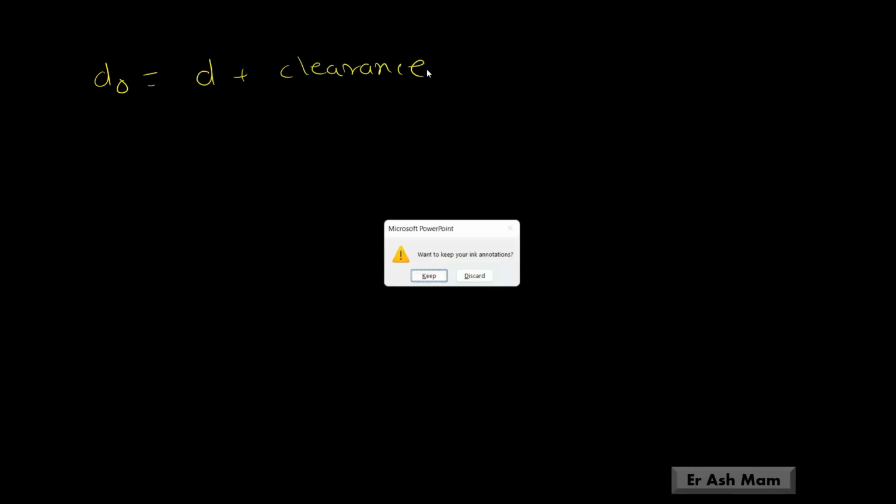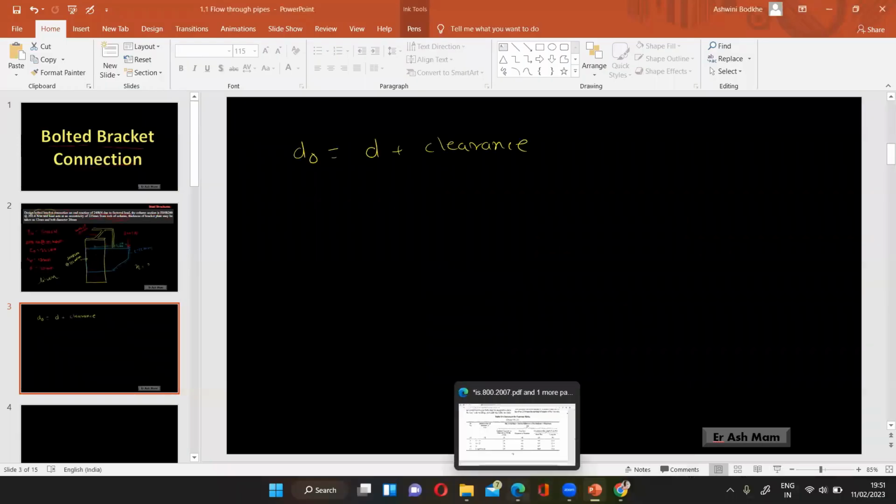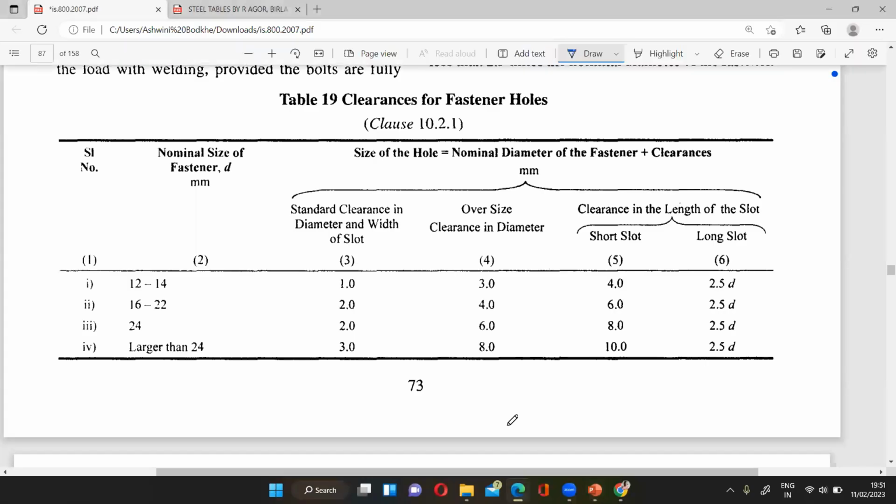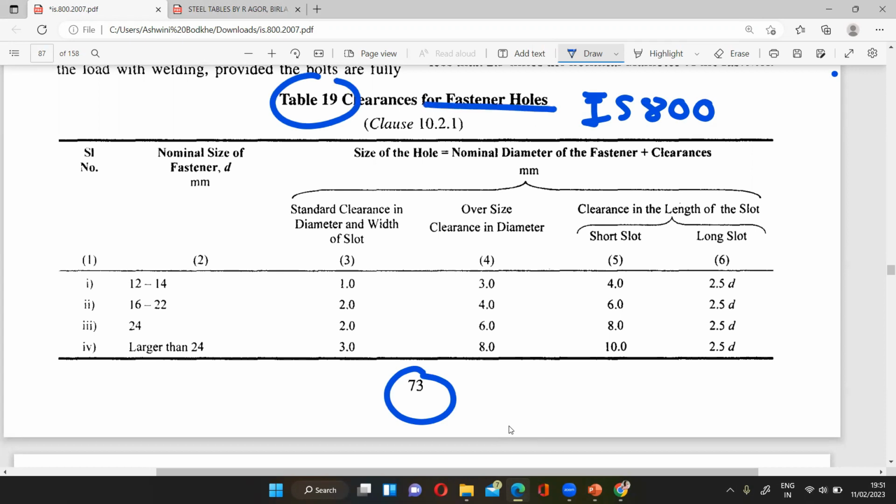First, diameter of hole, d naught. The diameter of hole depends upon diameter plus clearance. You can see here in IS 800, page number 73, table number 19, clearance for fastener holes is given.